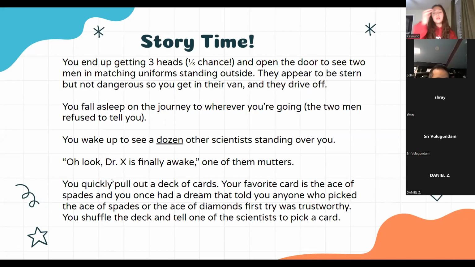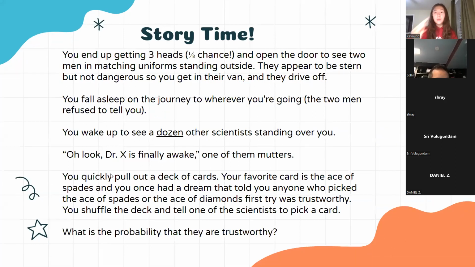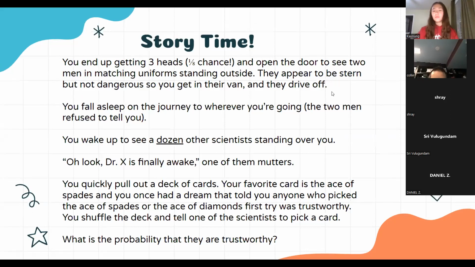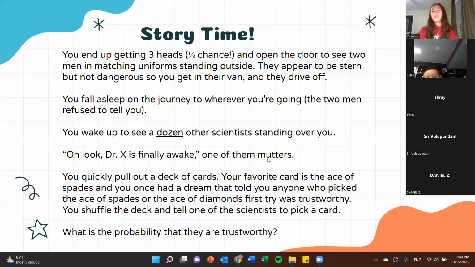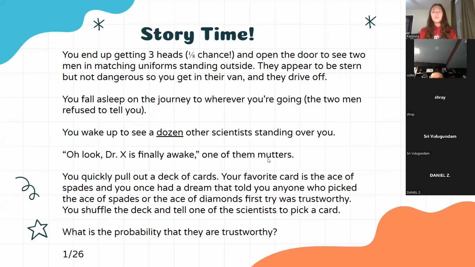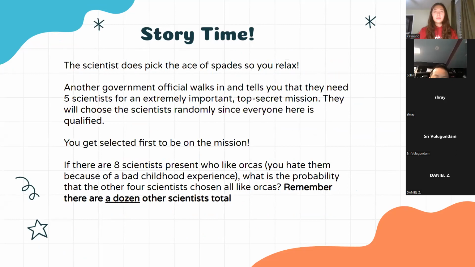So what is the probability that they are trustworthy? Basically, what is the probability that the scientist will pick the Ace of Spades or the Ace of Diamonds? There's 2 desired cards out of 52, or 1/26.